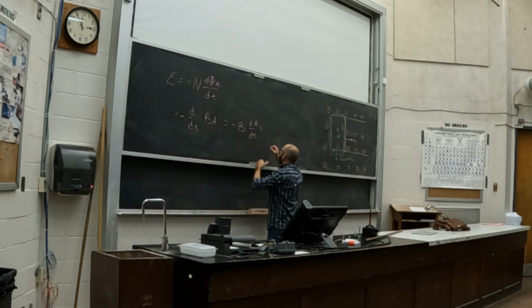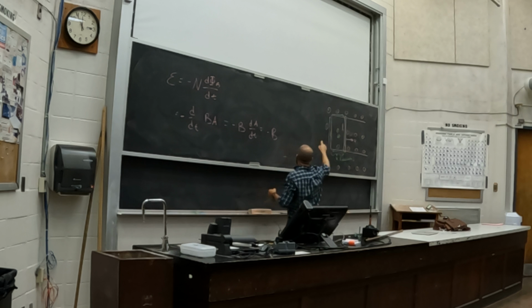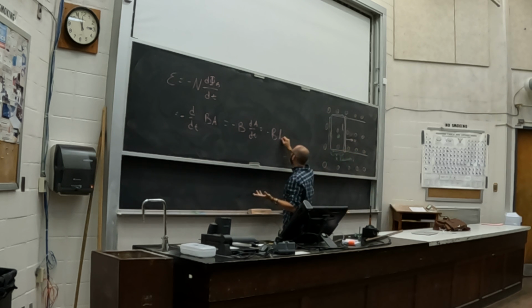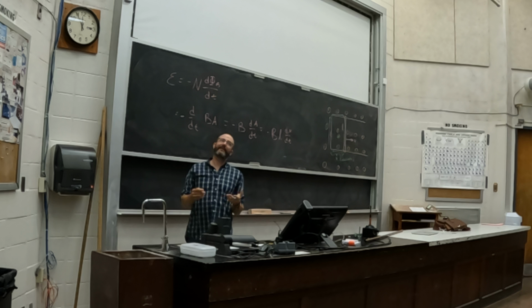So I can now write this as minus B. Area is going to be Lx, but we've already said that L is constant, it's just the length of the bar. I can bring it out. BL, and then what do I have left? dx/dt. What's that?